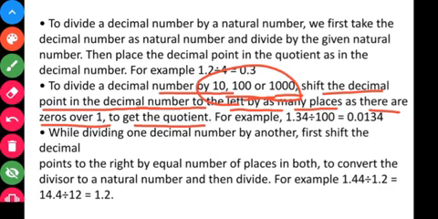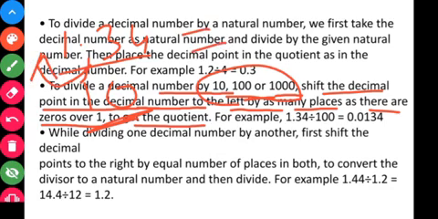Okay, how many places left? As many as there are zeros over 1. Okay, so for example, 1.34 is divided by 10. When you divide this by 10, how many zeros are here? One 0. So this decimal point will be shifted 1 place left. Okay, so left, that means this side.